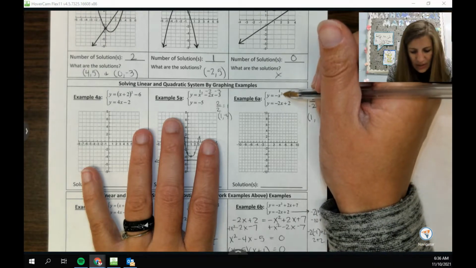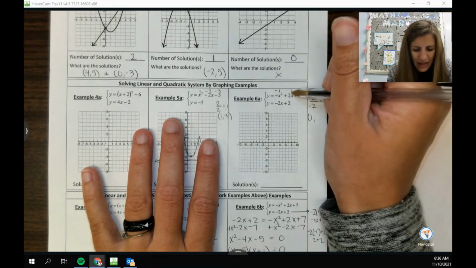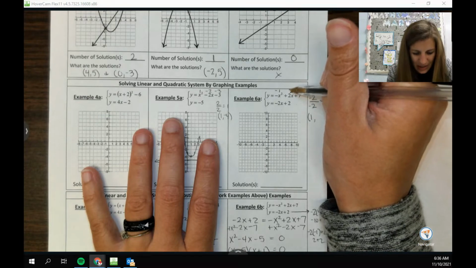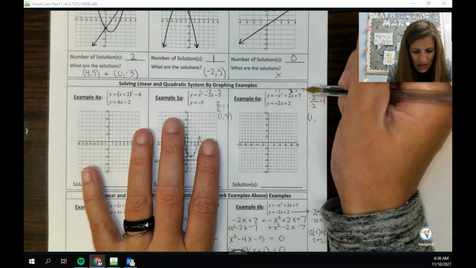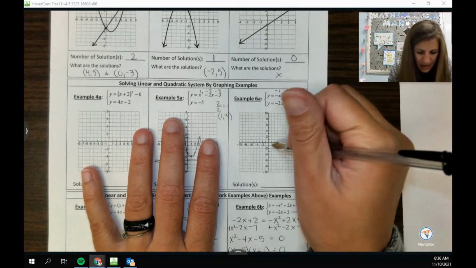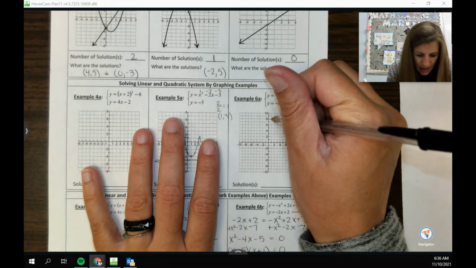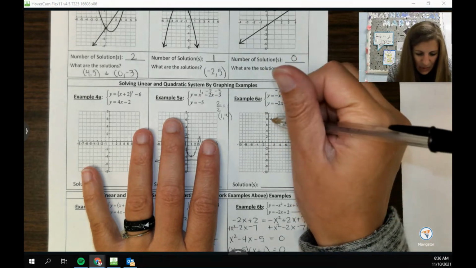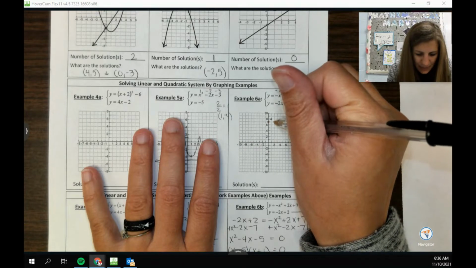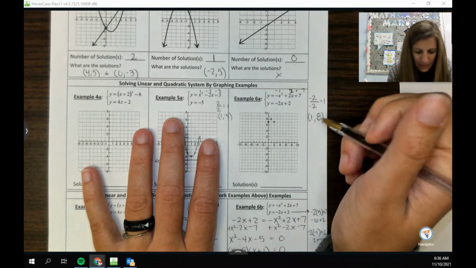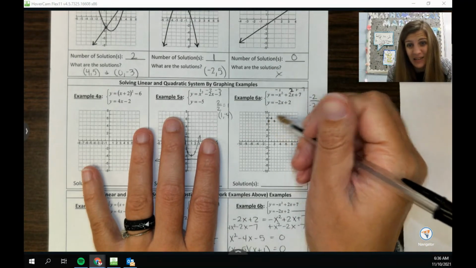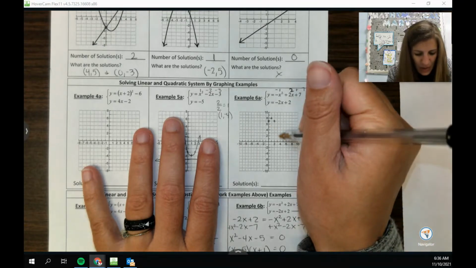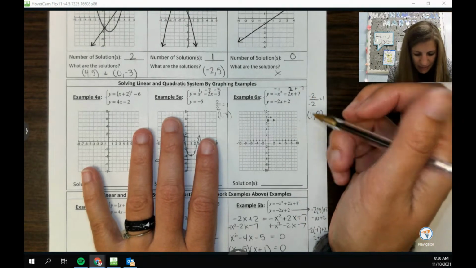So 1 squared is 1, but then there's a negative 2 times 1 is 2, and then plus 7. So we're looking at 1 comma 8 here. Then it's got a slope of negative 1. So kind of like that. And that's really all I can get because that's also my y-intercept. We could plug in other values, but maybe we won't.